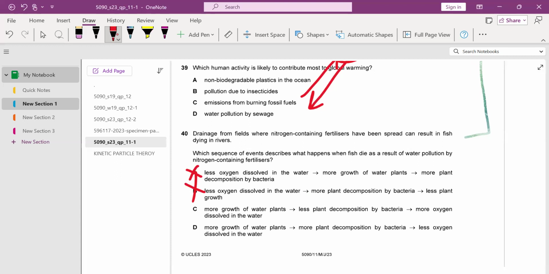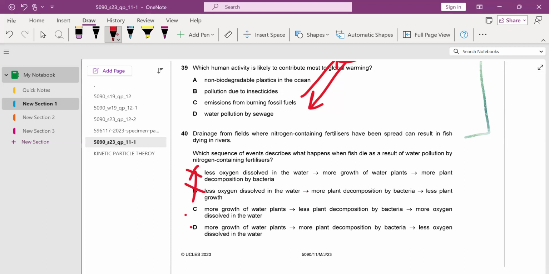Then more growth of water plants. So option C or D, one of them would be correct.